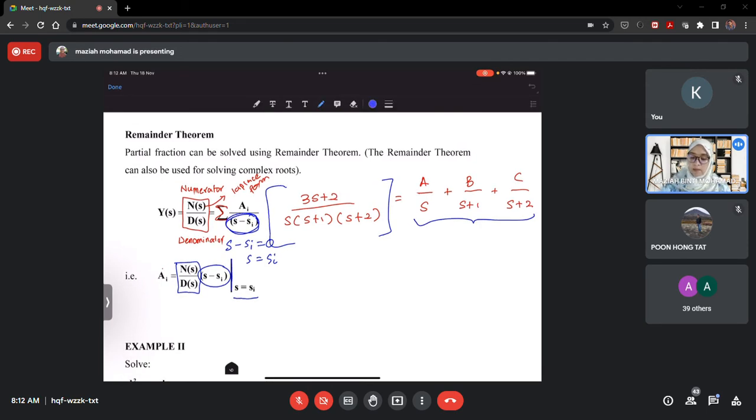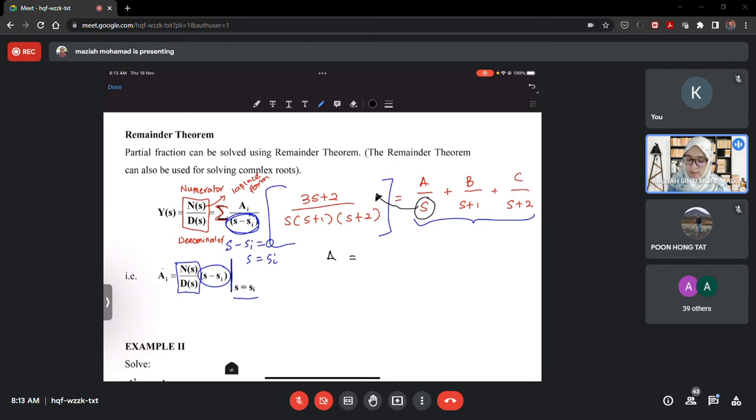All right, let's use the reminder theorem in order to determine A, B, and C. So we will follow this step here. The first one is A, which will equal to, so S here is the denominator for A, it will multiply to the numerator over denominator.